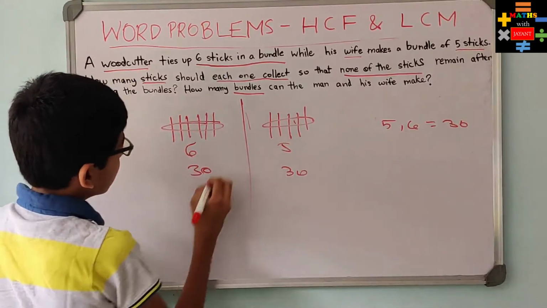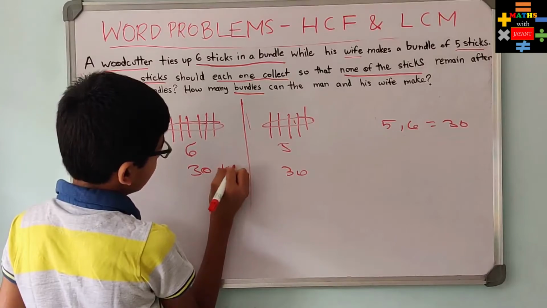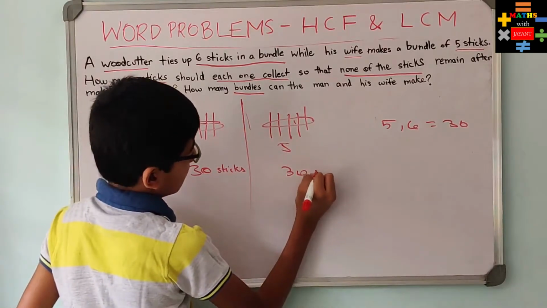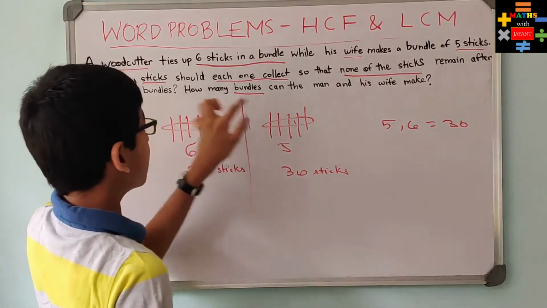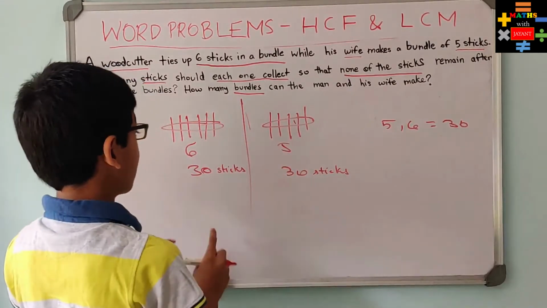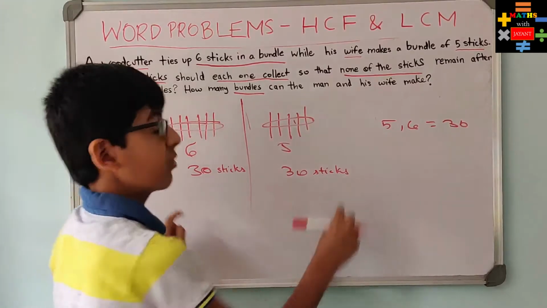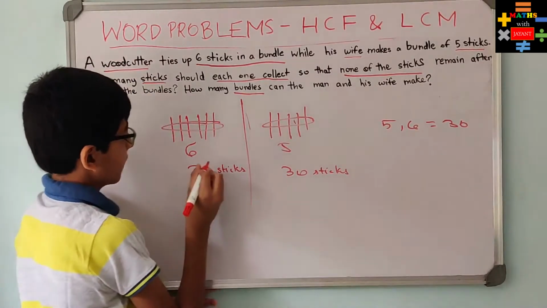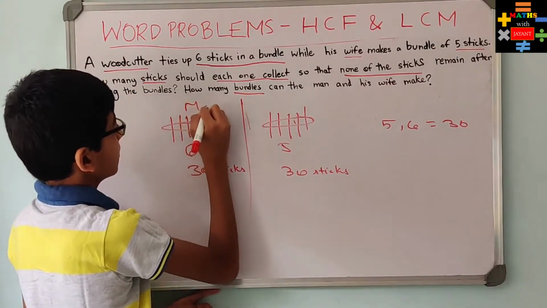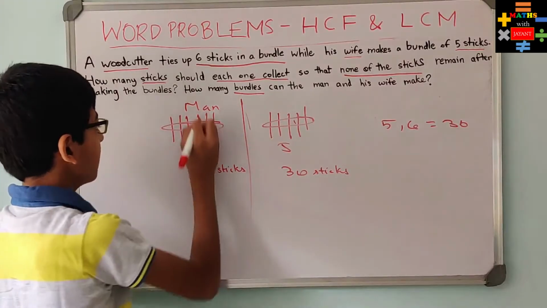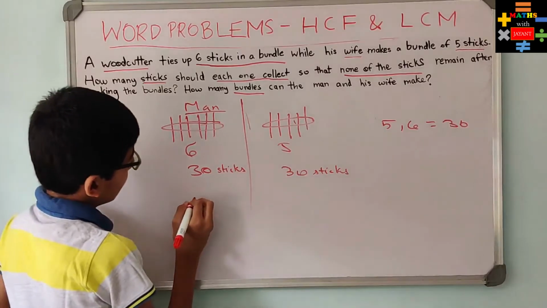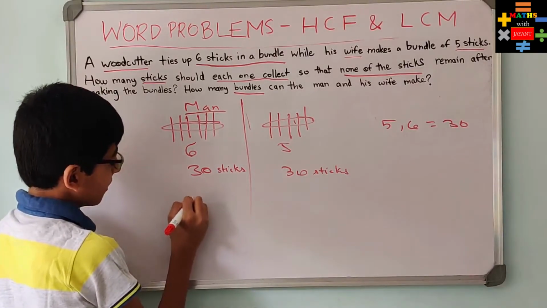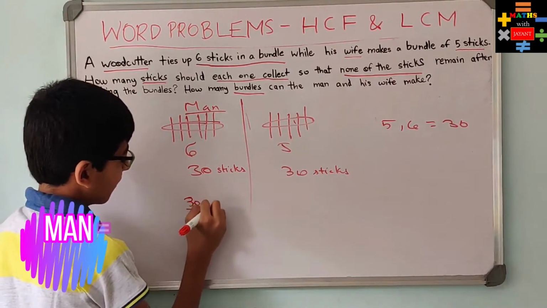So the first part of the question is solved: 30 sticks should be collected. Now, how many bundles can the man and his wife make with the 30 sticks? Let's start with the man. The man makes bundles of 6, so the number of bundles he can make is 30 divided by 6.